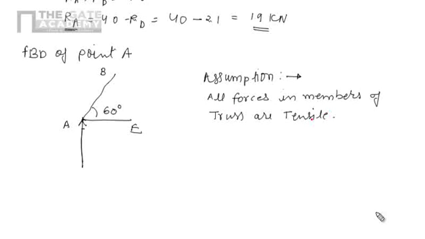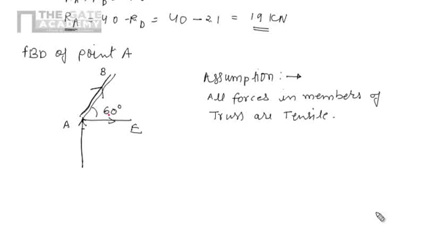And if you are assuming all forces in members of truss are tensile, then you have to show it with the help of an arrow. So for showing the tensile force in the members, we will show the arrow away from the joint. Suppose I want to show the tensile force in AB, so it will be like that, that is away from the joint.